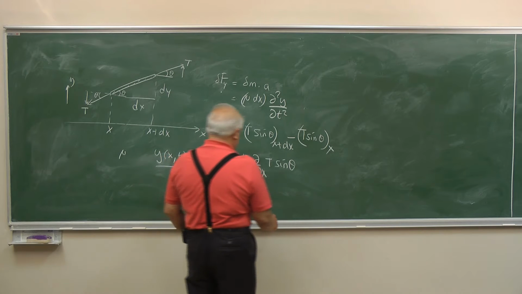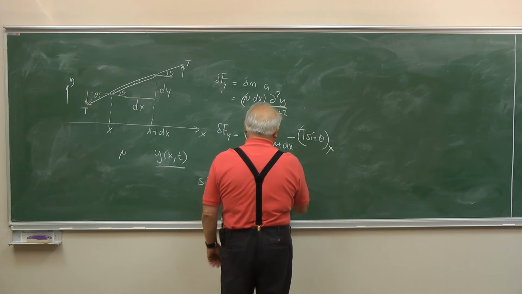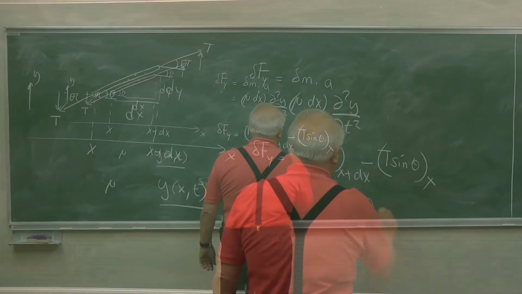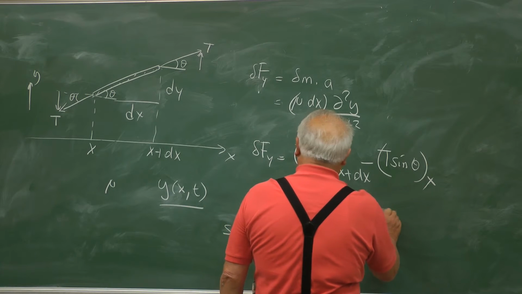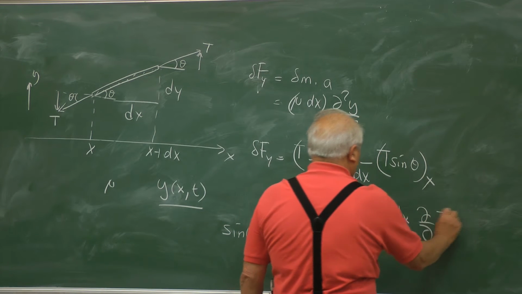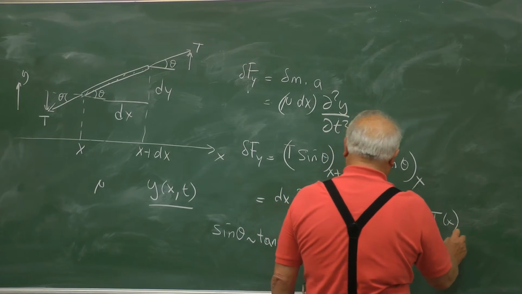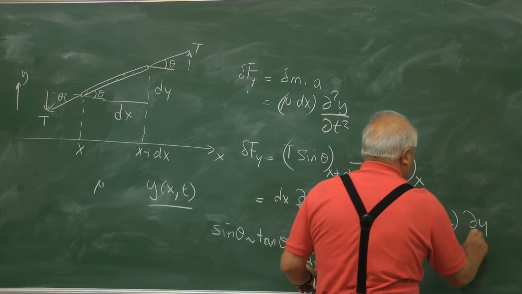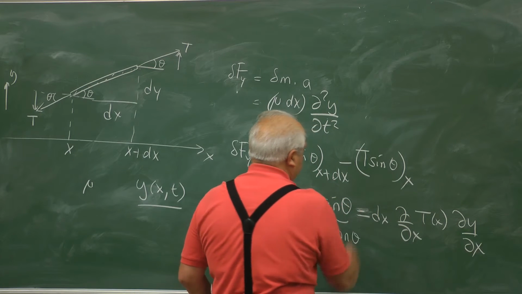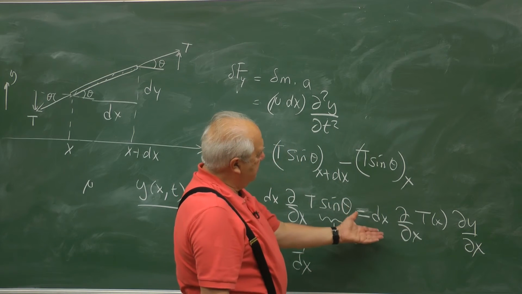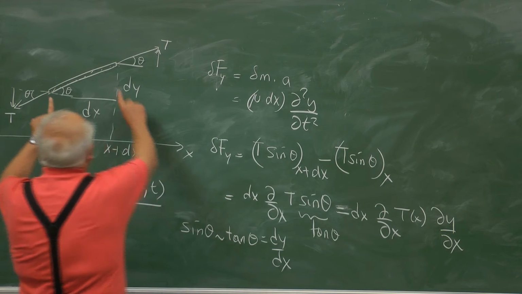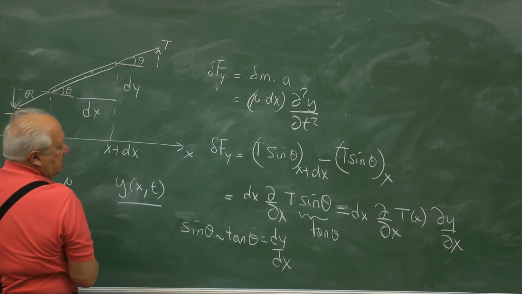Therefore, this is roughly tangent theta, dy dx, so T times the derivative with respect to x of dy dx, times delta x. So this is the force that is accelerating our piece of string here.